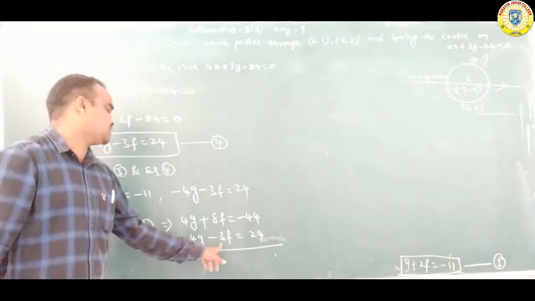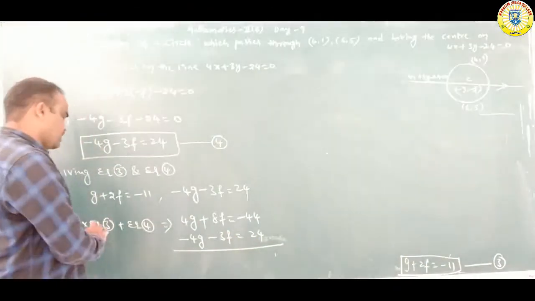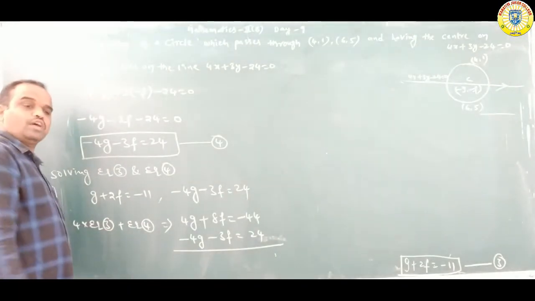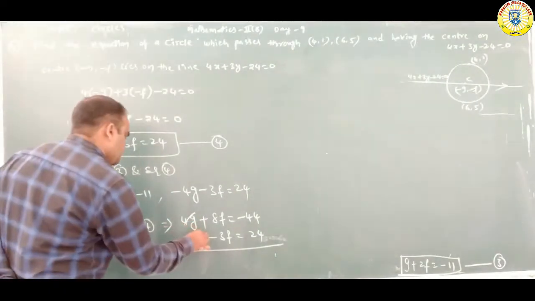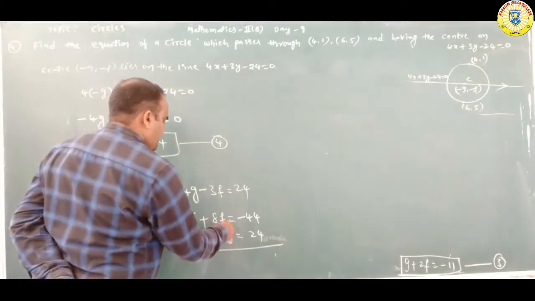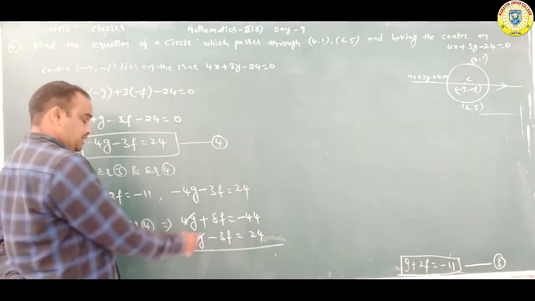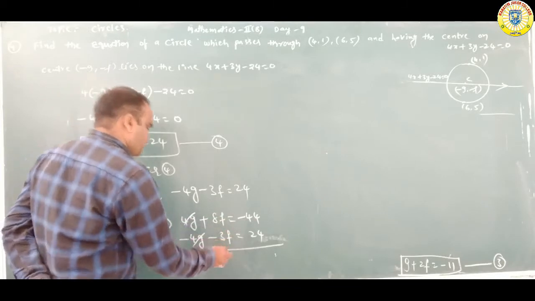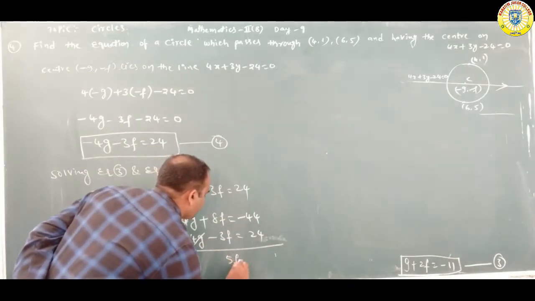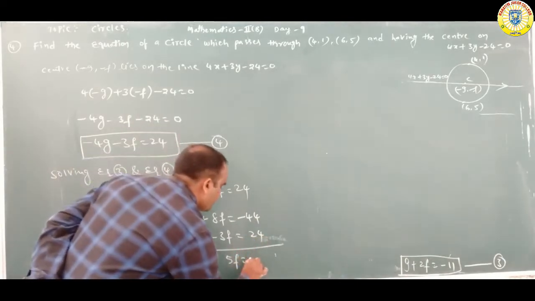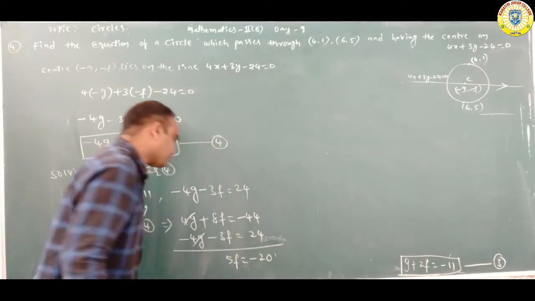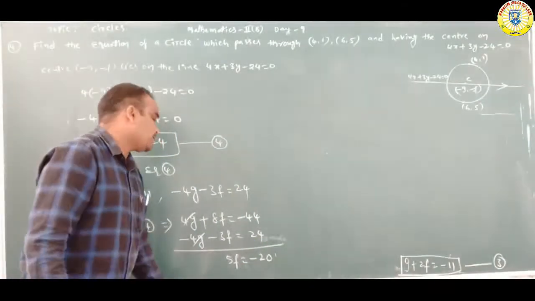We are doing addition. Now plus 4g minus 4g cancel. 8f minus 3f, what is the answer? 5f is equal to minus 44 plus 24, which is minus 20. 5f is equal to minus 20.